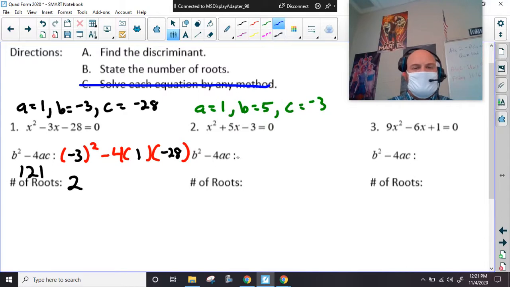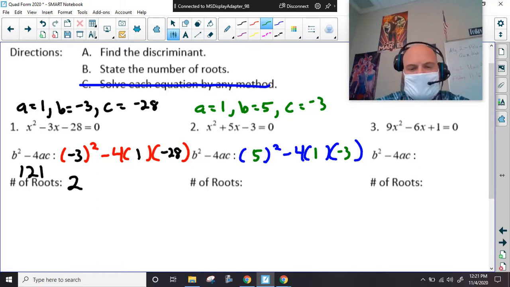So, when we plug this in, it goes like this: 5, 1, -3. Minus 4 times 1 times -3. All right. So this value we get is 37.